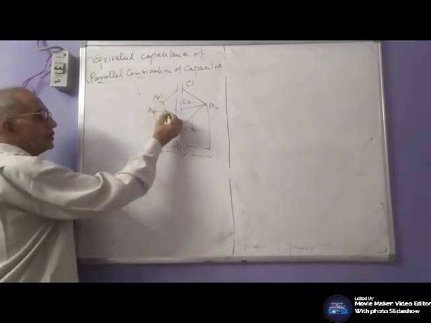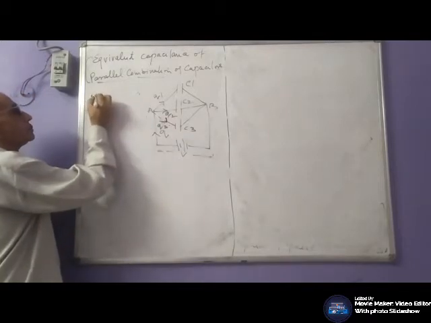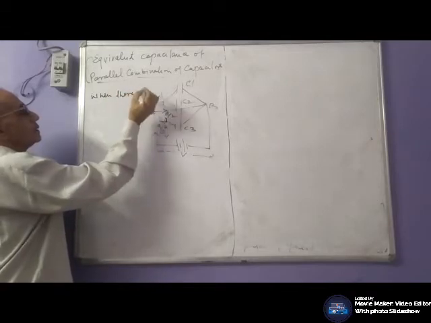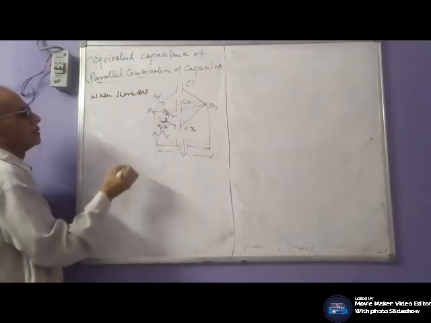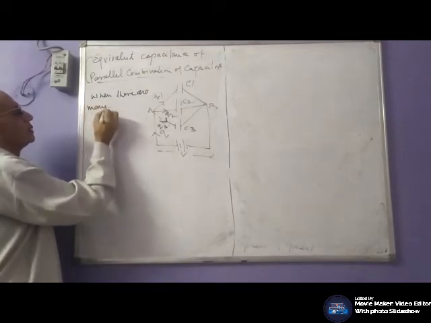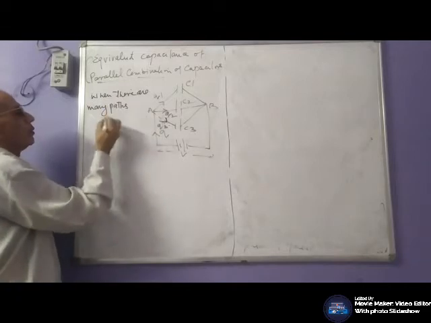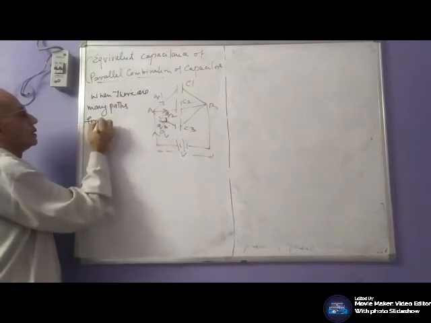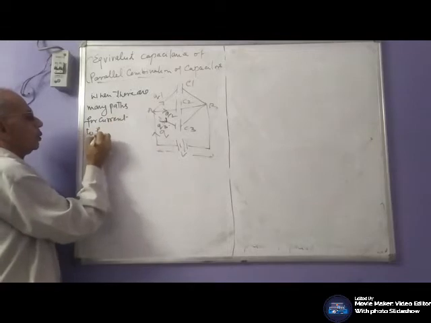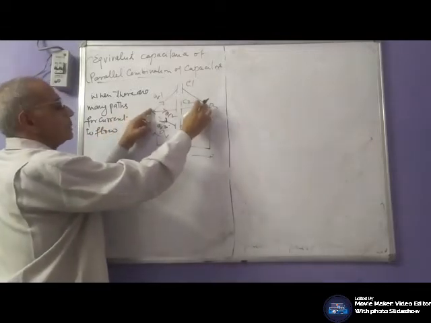How many paths are there? 3 or many? When there are many paths for current to flow, how many paths have we here? 3.